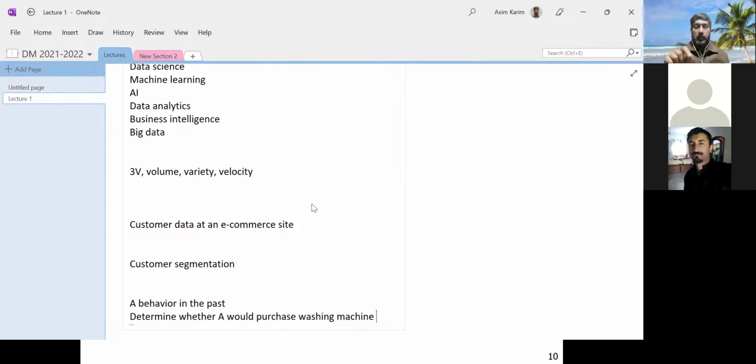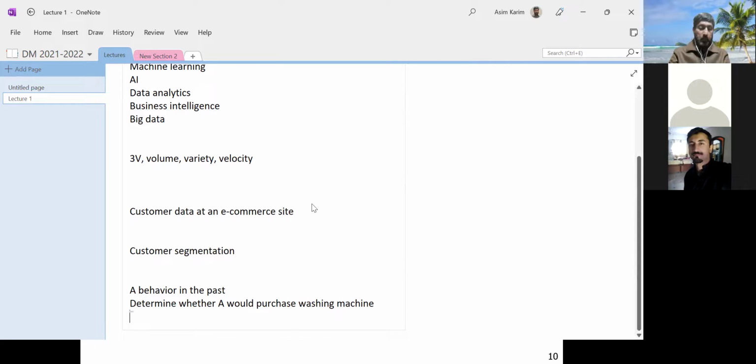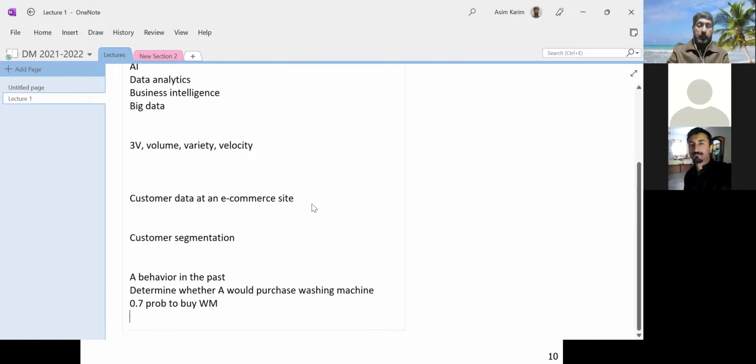So you have this customer A in your database, and you have all his previous buying habits. Now you have a specific hypothesis or question. What is the probability or likelihood that this customer will buy a washing machine in the next 3 months, or whatever time period you want to specify? Again, this is a data mining problem, and the data mining algorithm might output that the person might buy this thing with some probability, let's say 0.7 probability. So this is again an example of data mining.